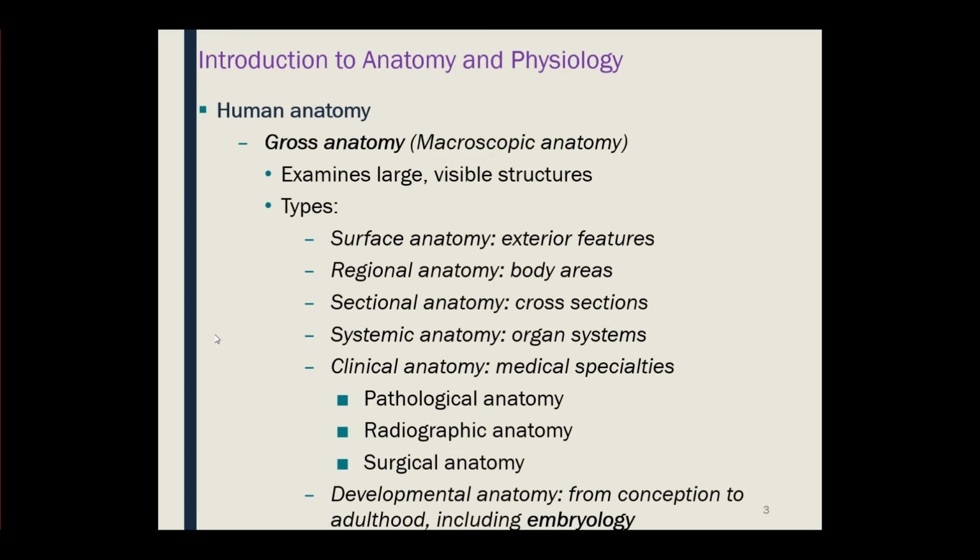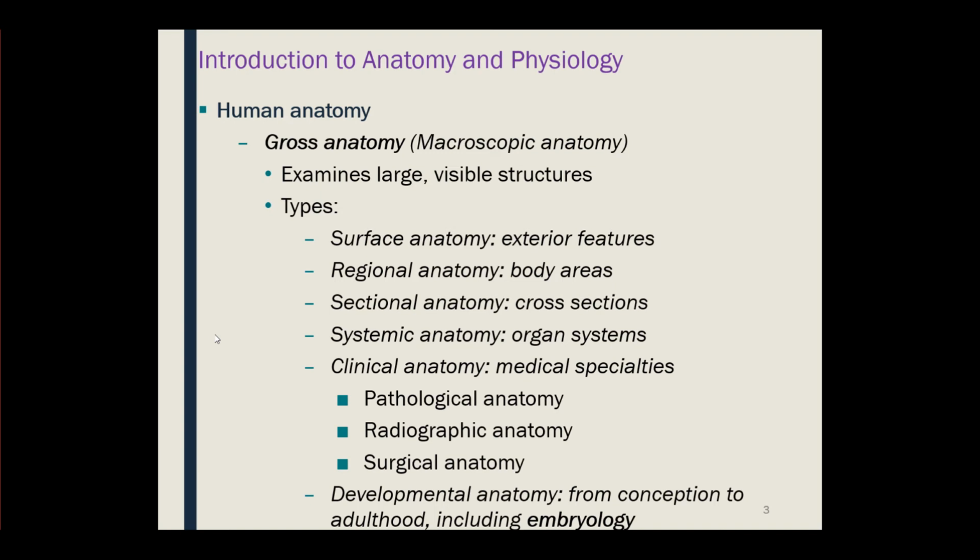The way that we predominantly study anatomy in this course is by studying the different organ systems, such as the integumentary system, skeletal system, muscular system, nervous system, respiratory, all of those different systems you may be familiar with.